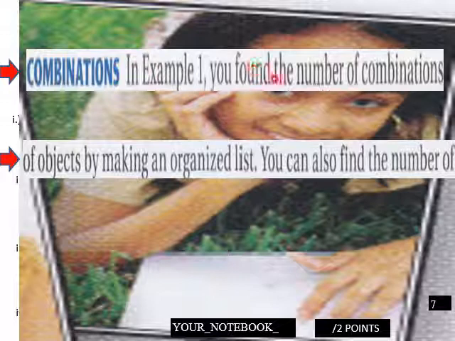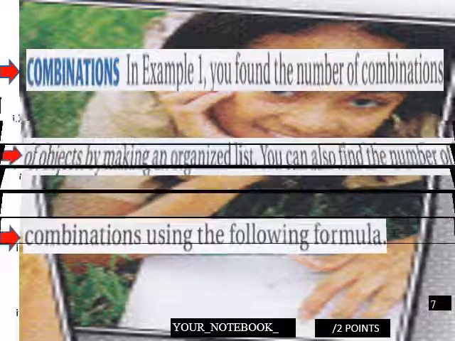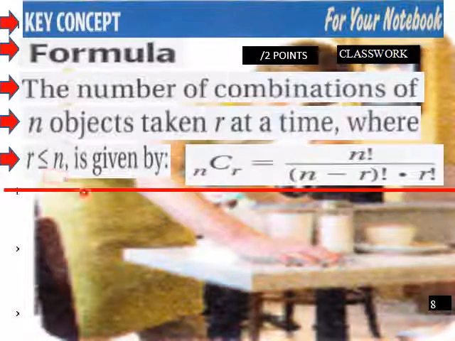Okay, combinations. In Example 1, you found the number of combinations of objects by making an organized list. You can also find the number of combinations using the following formula. The number of combinations of n objects taken r at a time, where r is less than or equal to n, is given by nCr equals n factorial over n minus r factorial times r factorial.